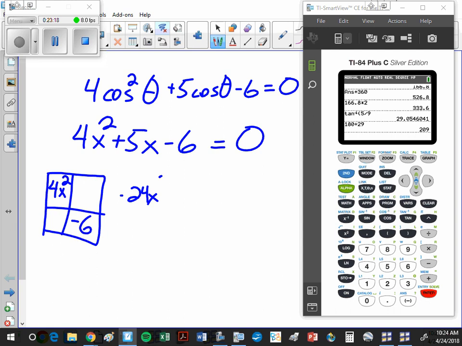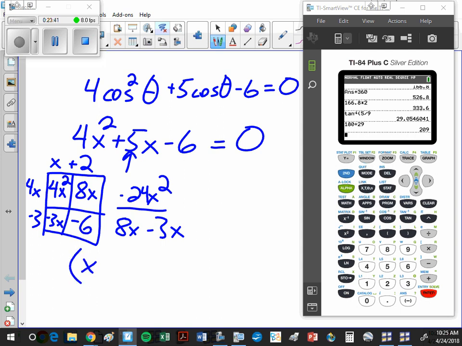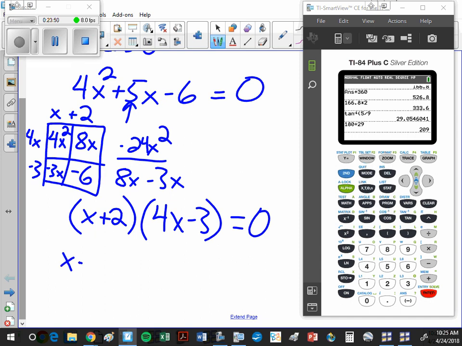Negative 24x squared. Are there factors of negative 24 that add to be 5? 8x and negative 3x. So 8x, negative 3x, pull out a 4x, x plus 2, and then negative 3. So that simplifies into x plus 2 and 4x minus 3 equals 0. So either x is equal to negative 2 or x is equal to 3 over 4.